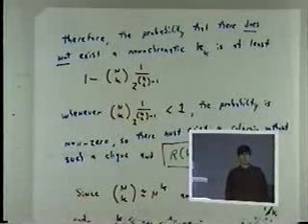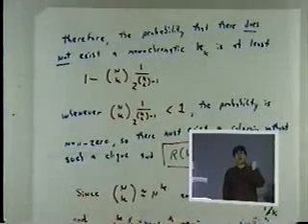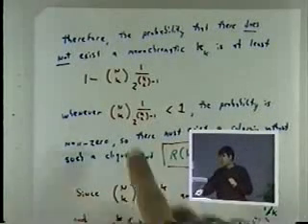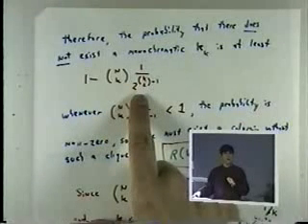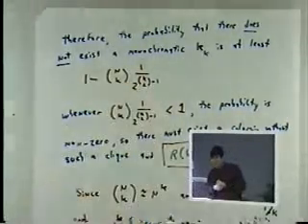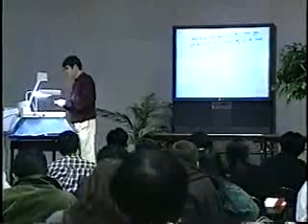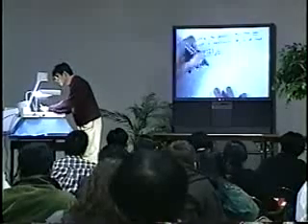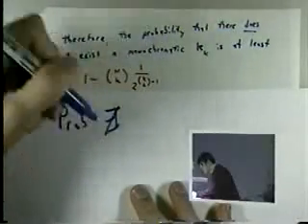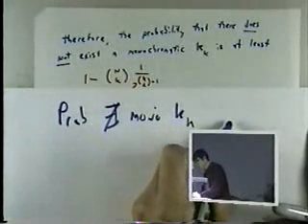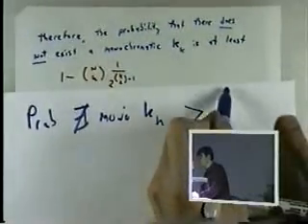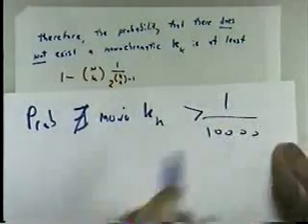What does that mean? If I flip the coins again and again, eventually I will end up getting a monochromatic K subset. Do you agree? Suppose the probability that there does not exist a monochromatic K subset is greater than or equal to 1 over, let's say, 100,000.